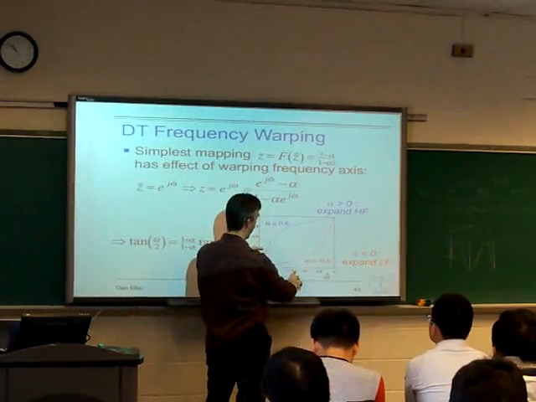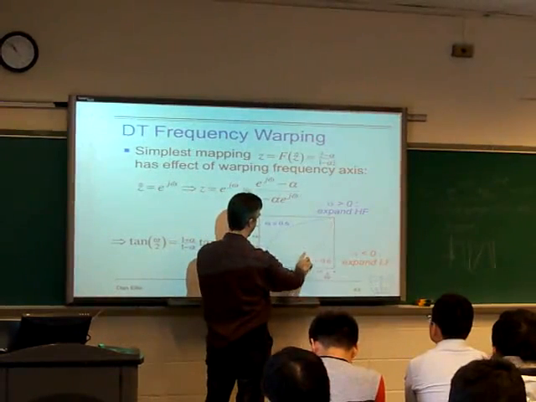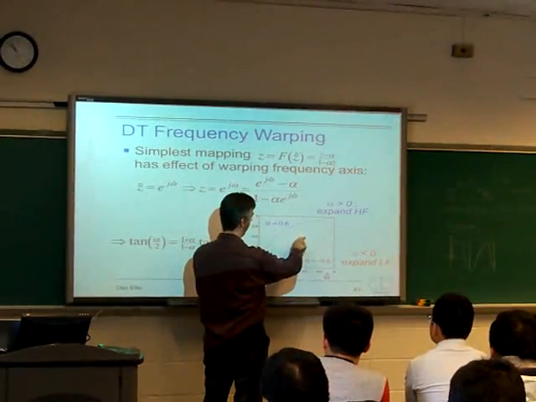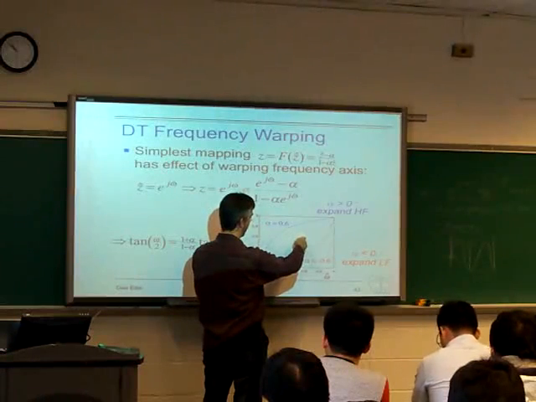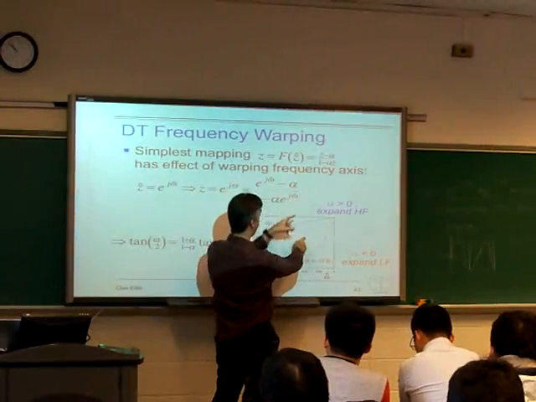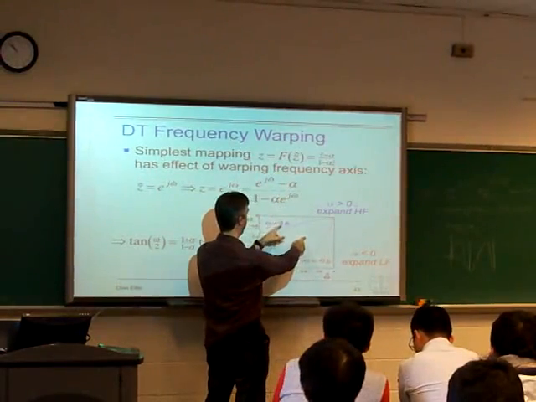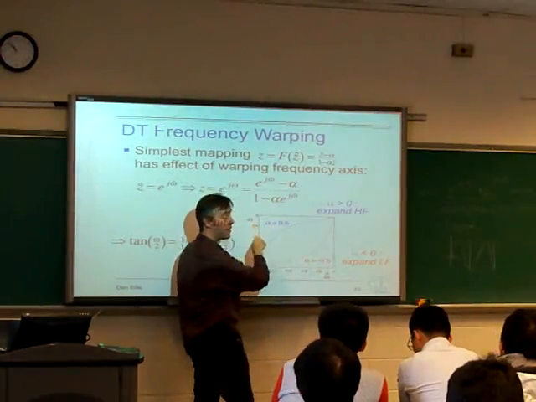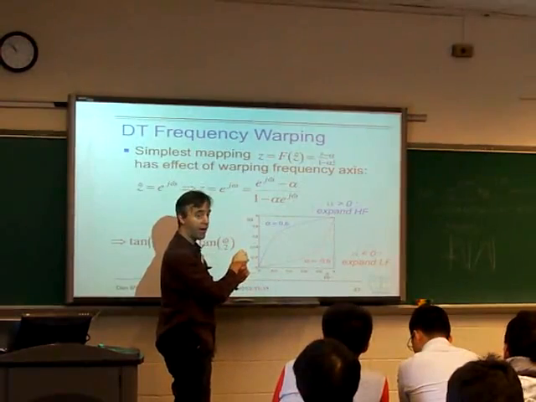So if I had some feature, some bandpass filter with a pass band at 0.6 pi, if I then replace the z's with this all-pass filter with an alpha of 0.6, I'm going to land up with that pass band now being around 0.9 pi radians per sample.